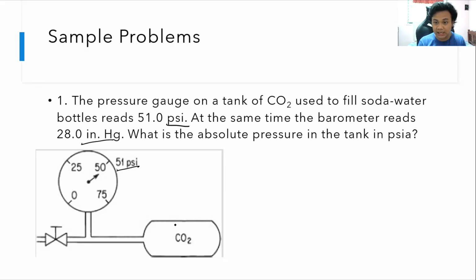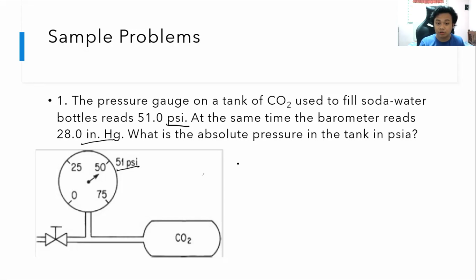So the atmospheric pressure has no contribution to the total pressure of the carbon dioxide inside. That's why for us to get the absolute pressure, we have to get the barometric pressure, which measures the pressure of the atmosphere.